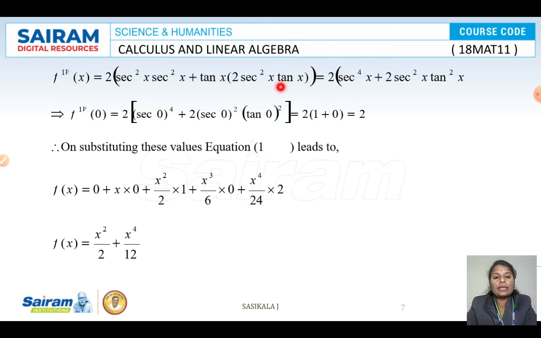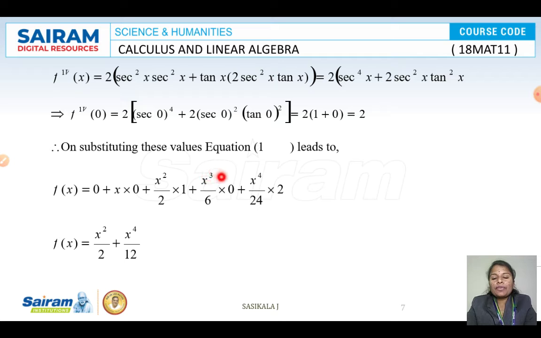Secant x differentiation will be secant x tan x. So now you can simplify, take tan inside, and it will become 2 tan squared x into secant squared x. Substitute 0. So again, wherever tan is there it will be 0, and secant 0 will be 1. So we'll have 1 plus 0, which is equal to 2.